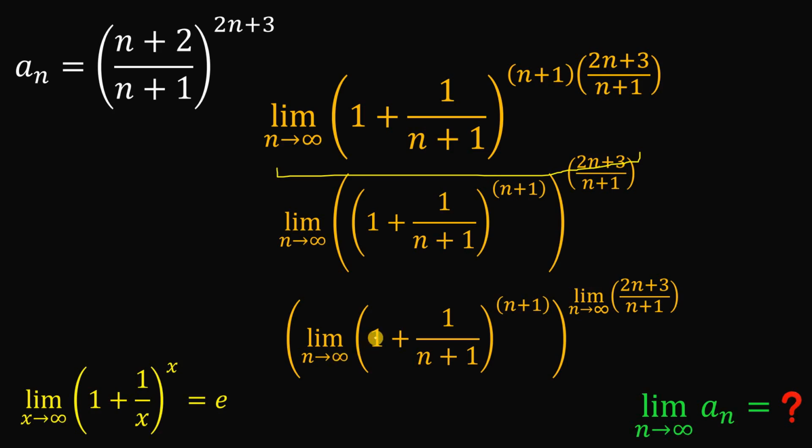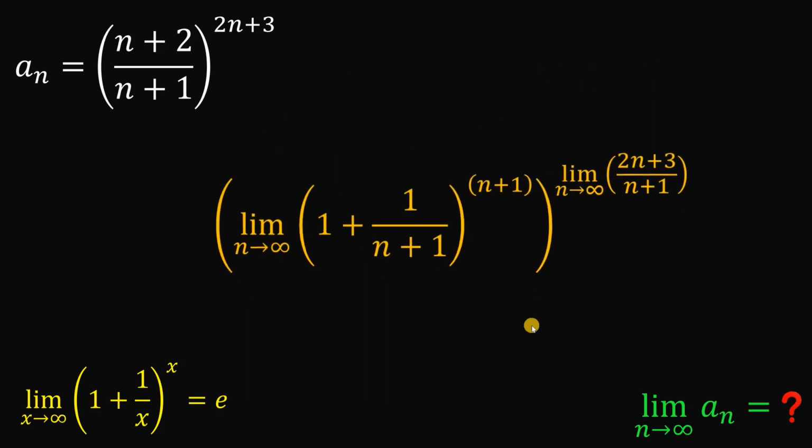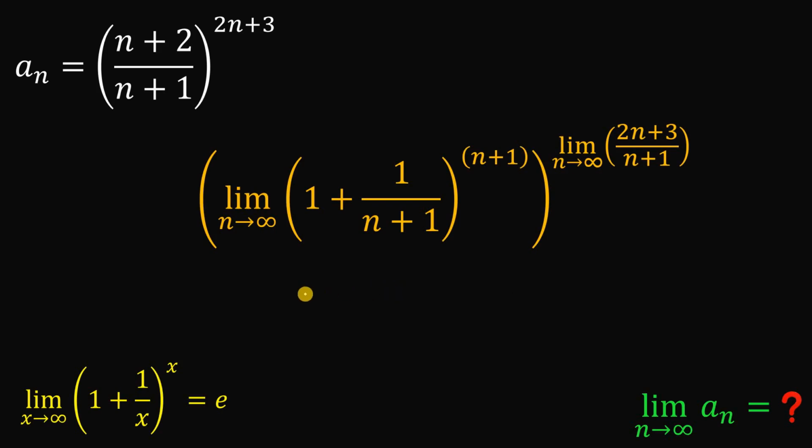So the limit of (1 + 1/(n + 1)) raised to the power of (n + 1) as n approaches infinity, raised to the power of the limit of (2n + 3)/(n + 1) as n approaches infinity. Now, let's focus on this result, and what we're going to do is evaluate this limit.